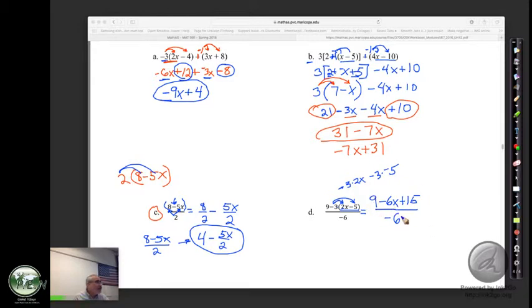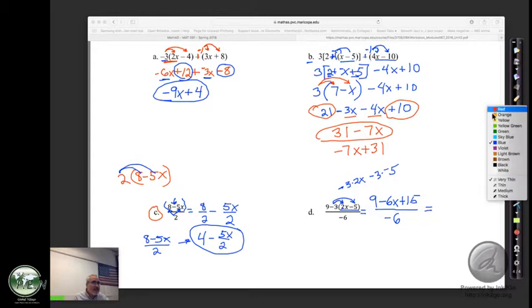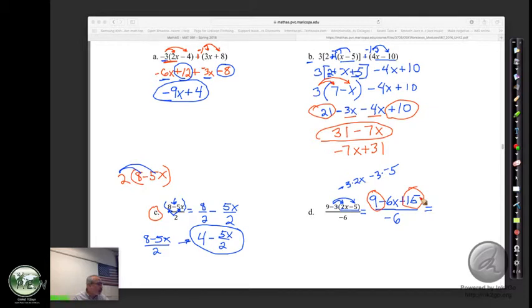Anything we can do to make the top a little bit nicer, simplified? Good. Like terms here and here, we can combine them. And so we go ahead and do that. Positive 9, a positive 15 is going to give us a positive 24.